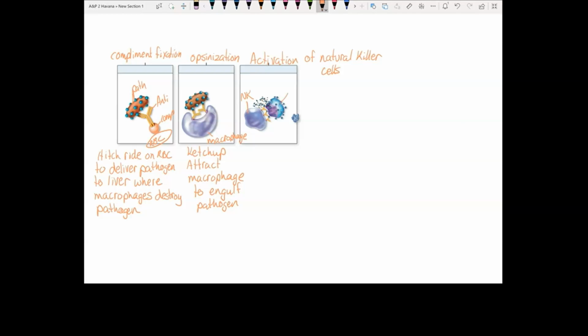So here is an infected body cell. Antibody will stick to an infected body cell. Remember, infected body cells will display pathogen antigen. And your antibody matches pathogen antigen. So the antibody will bind to the pathogen antigen displayed on an infected cell.